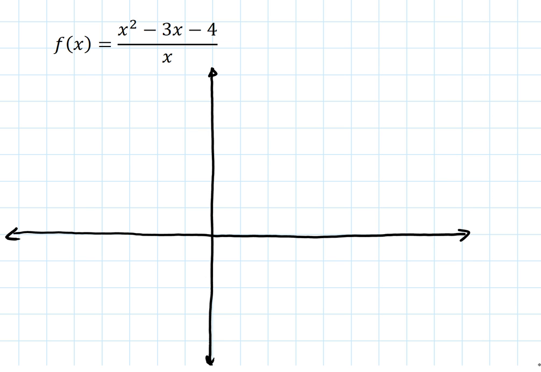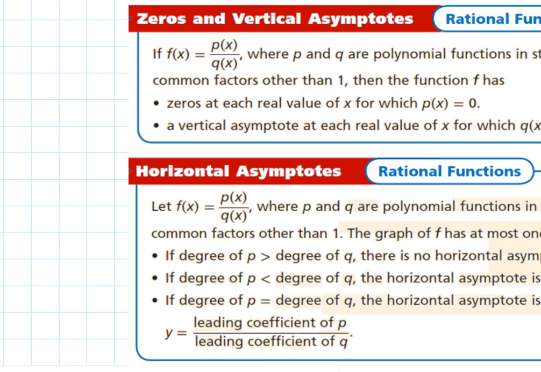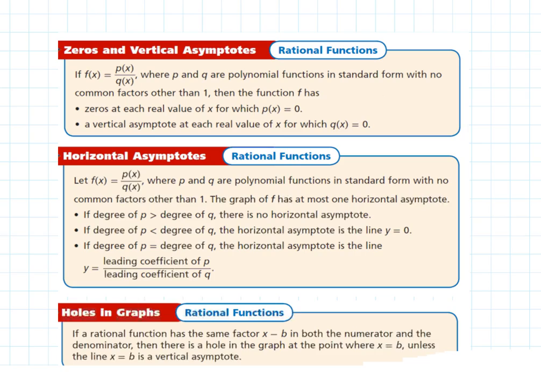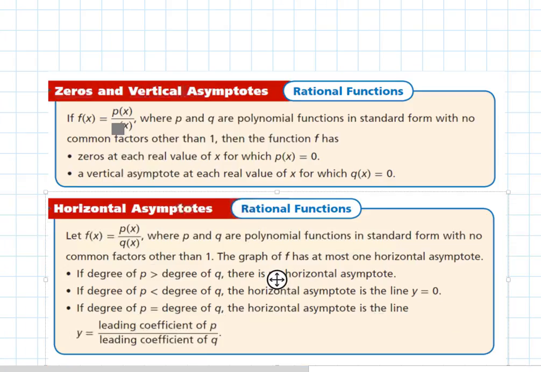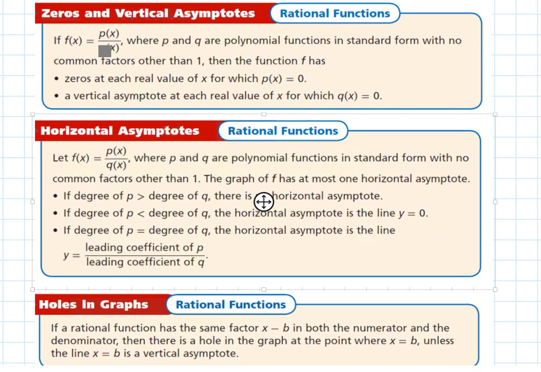So let's take a look at this first one. I want to remind us just of a couple things here. I put some things over here. It's too big. Let me zoom out and take a look at them. But if we're looking at zeros and vertical asymptotes, pretty straightforward. Anytime that we set the numerator equal to 0 and solve for it, that gives me zeros of the function.